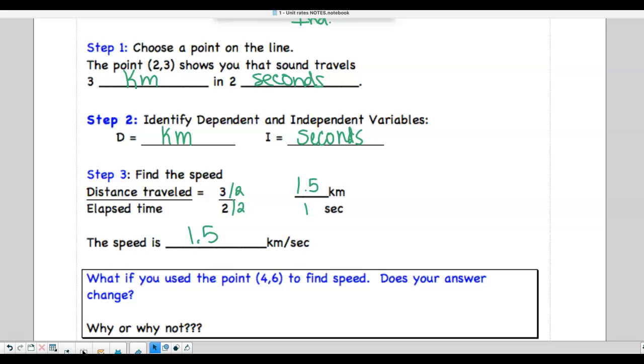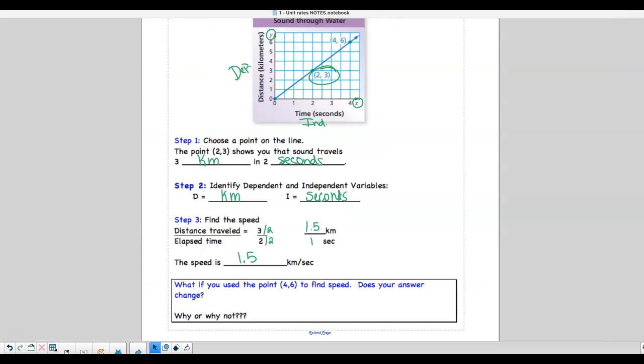If we used a different point to find the speed, do you think our answer is going to change? If I use this point (4, 6) instead, do you think my answer is going to be different? Let's try it. What does the (4, 6) mean? 4 stands for, that's our x, that's seconds. The 6 is kilometers. Abby, did you have? Okay, that's right.